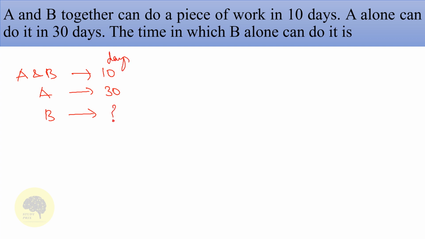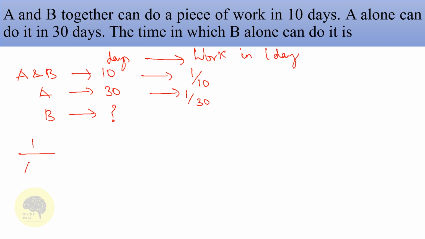What's the first thing we have to do? Convert the days into work done in 1 day. Therefore, 10 can be written as 1 by 10 and 30 can be written as 1 by 30. And we all know that work done by A and B together in 1 day is equal to work done by A in 1 day plus work done by B in 1 day.